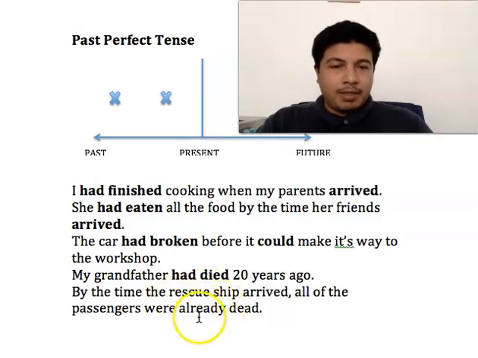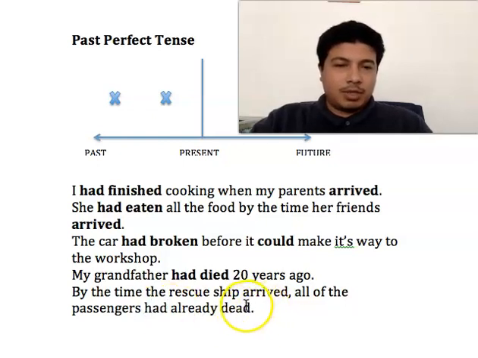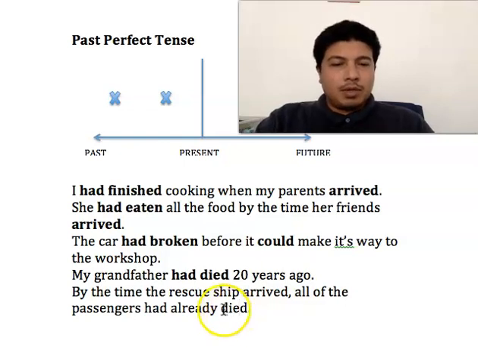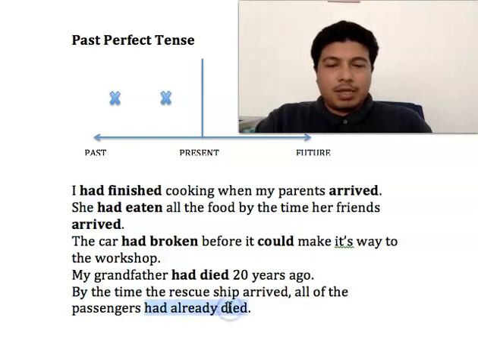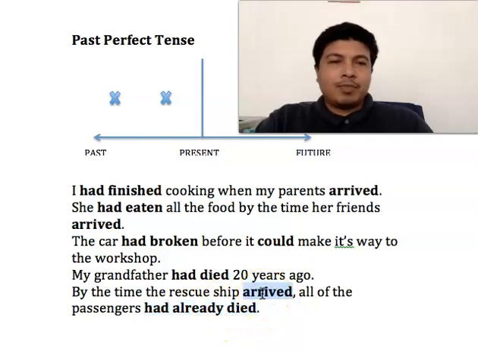First is had already died. So the people died first and then the rescue ship arrived. So when we have a past perfect tense, the formula is you have had plus past participle.